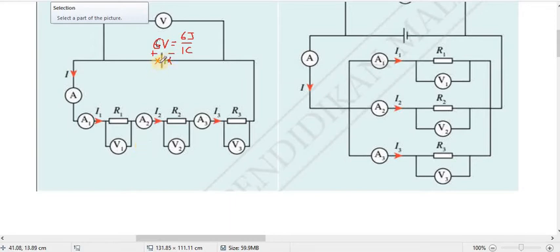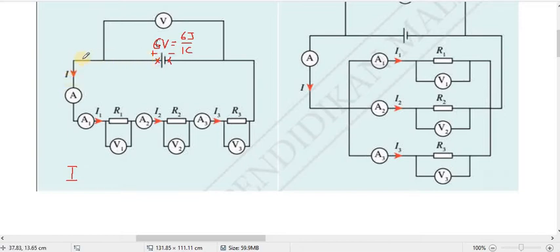Now, here this current, and this current 1, current 2, current 3, are all the same. So this current is the total current. Why do we say that this is the total current or the biggest current? Because this is the current that is directly from the power source.